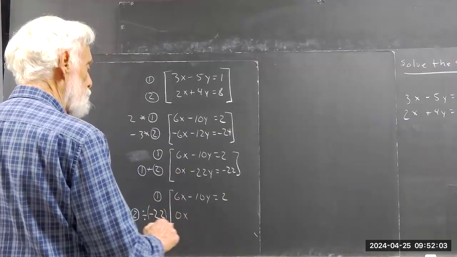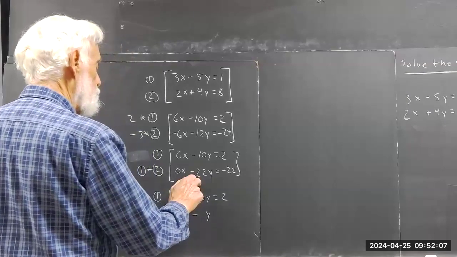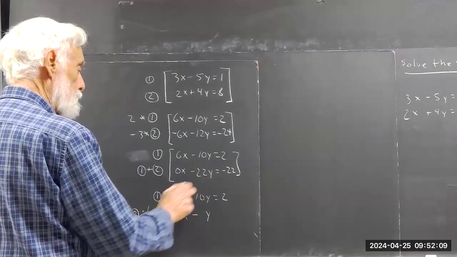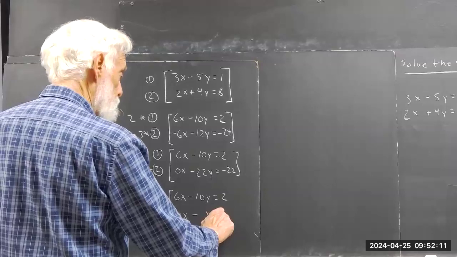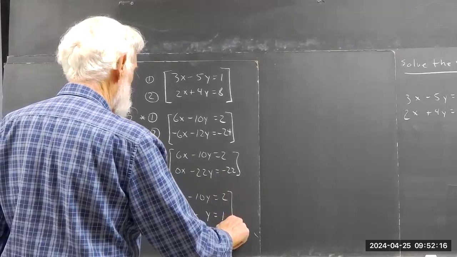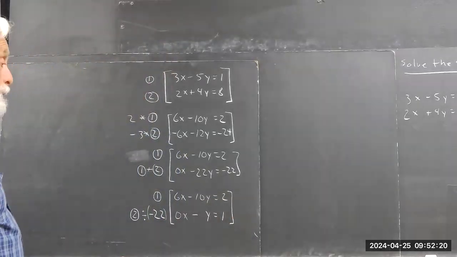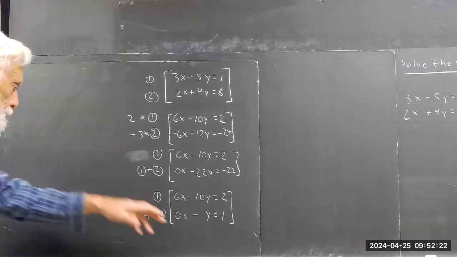And we still write the 0x. Negative 22y divided by negative 22 gives us y. And negative 22 divided by negative 22 gives you 1. Y was supposed to be 1.